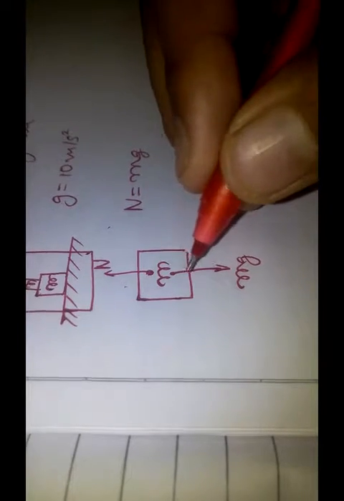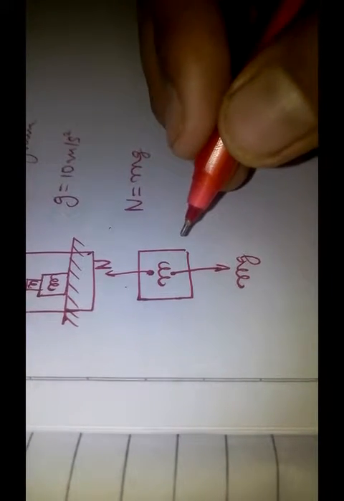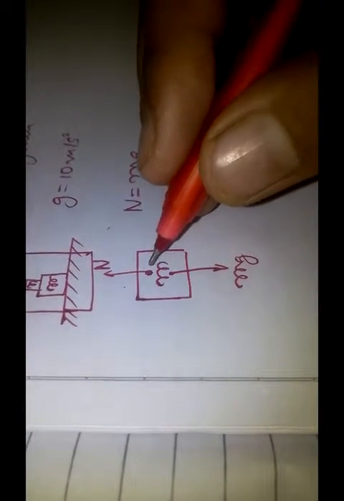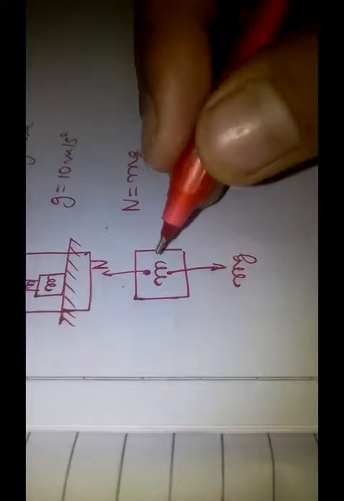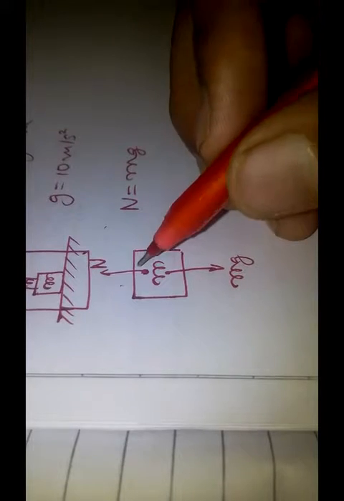In magnitude N equals mg, just in magnitude, but in direction they act in opposite directions. You can see the arrows. For simplicity, you have to draw the arrows in the direction of the x and y components, where the force is acting.